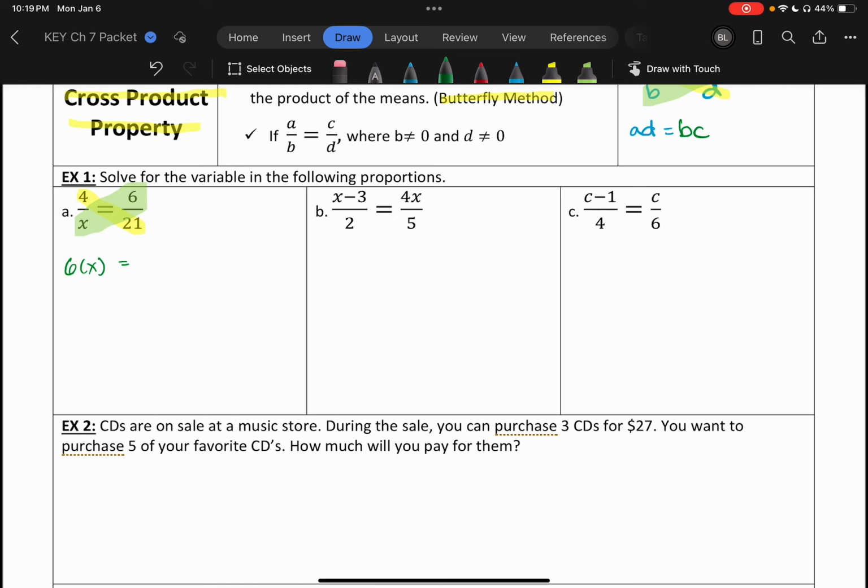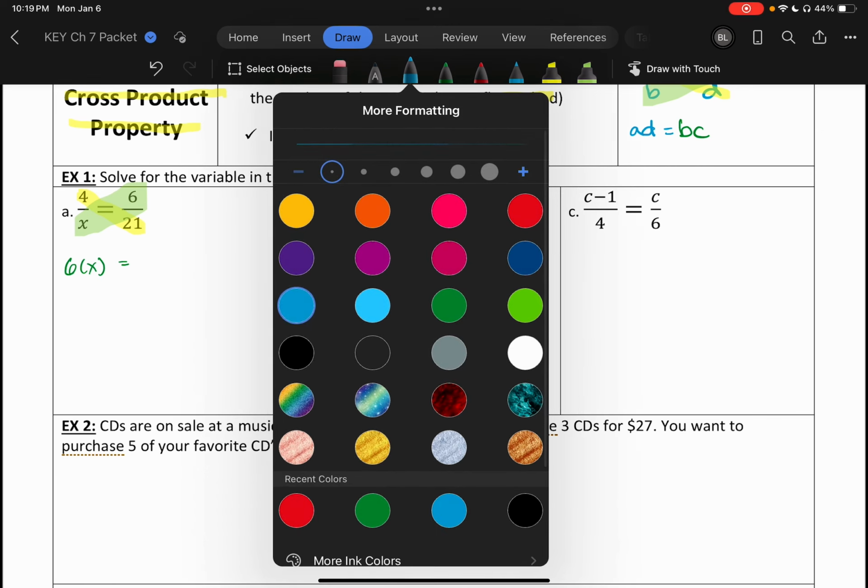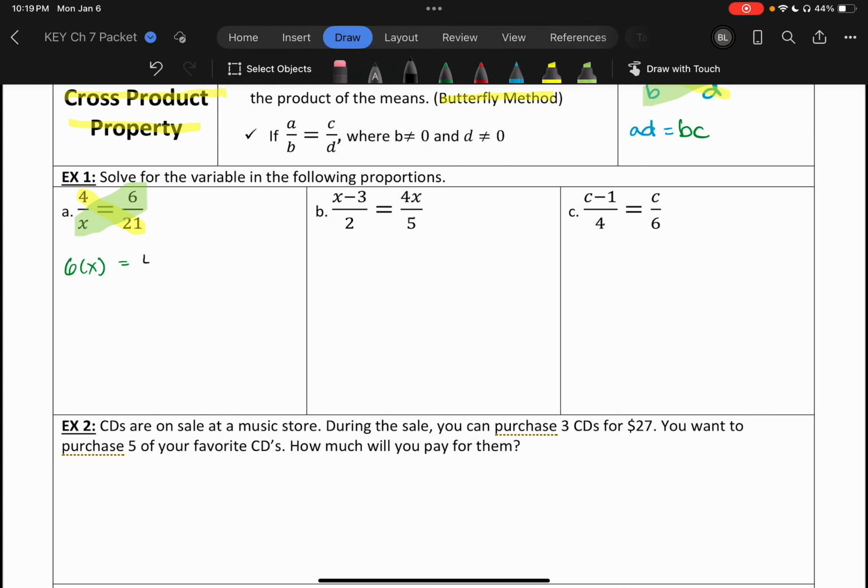That's equal to, if I look at the other diagonal, 4 times 21. So this is essentially how you're going to set up these problems. You're multiplying diagonally, and now you can start multiplying it out. 6 times x is just 6x. 4 times 21 is 84.